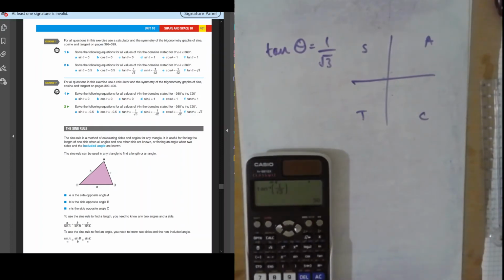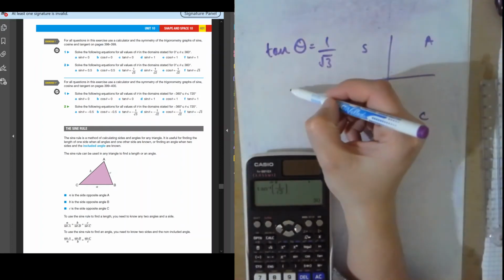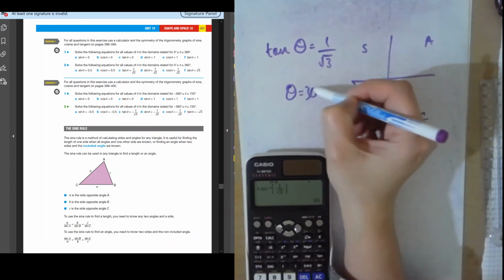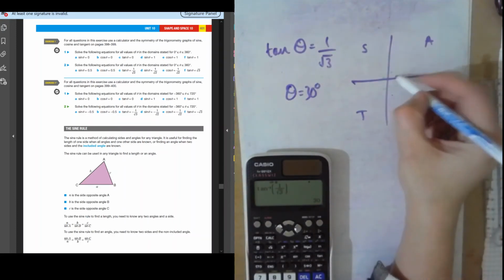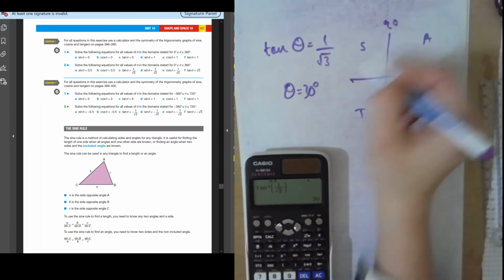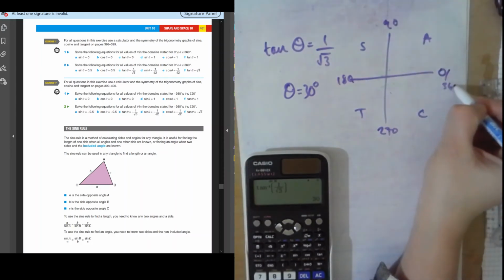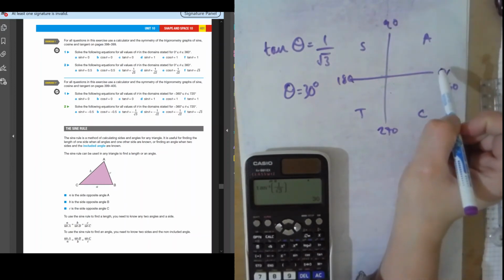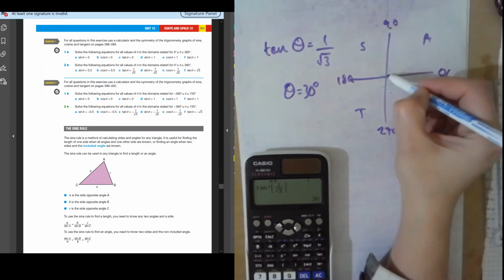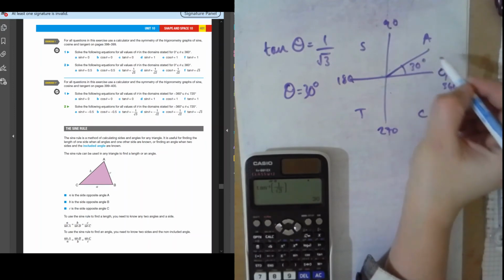For the first one you just do the inverse. It's telling me 30 degrees, which is between 0 and 90, with 180, 270 and 360 around the diagram. So there's my 30 degrees in there.